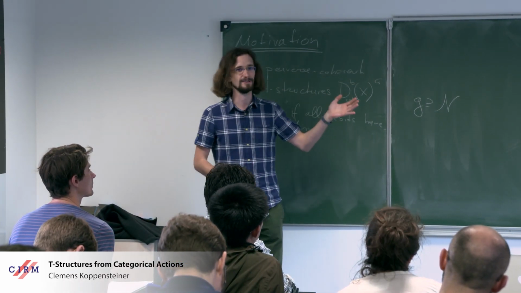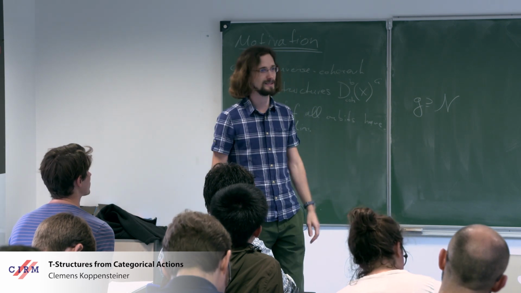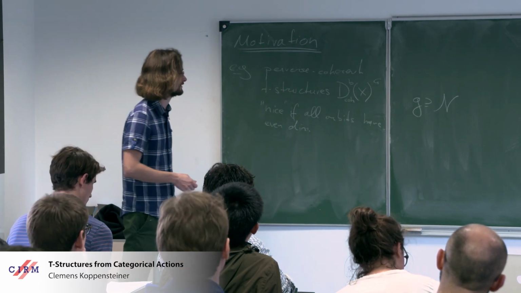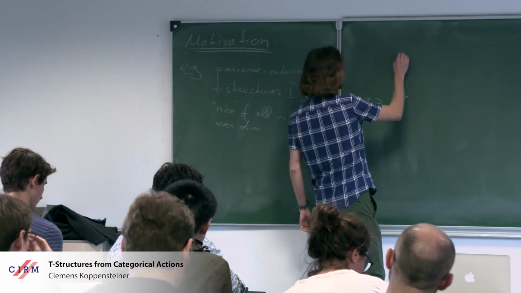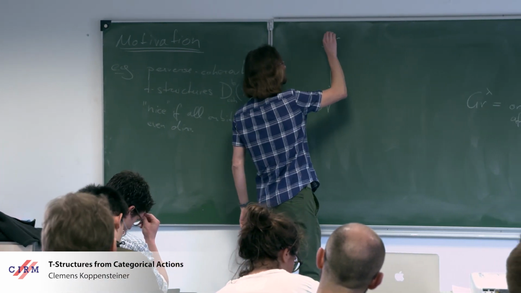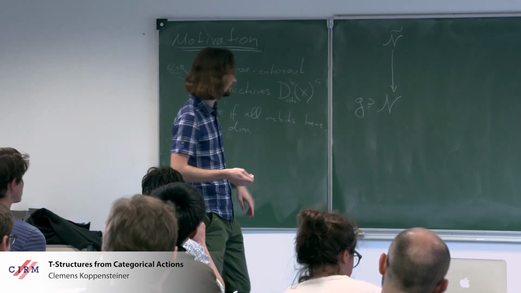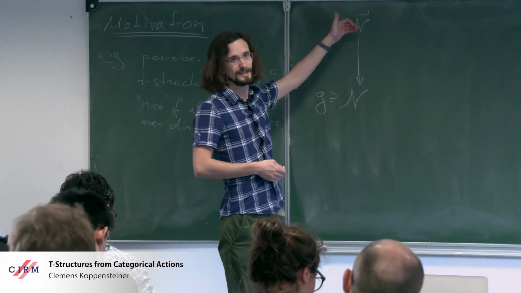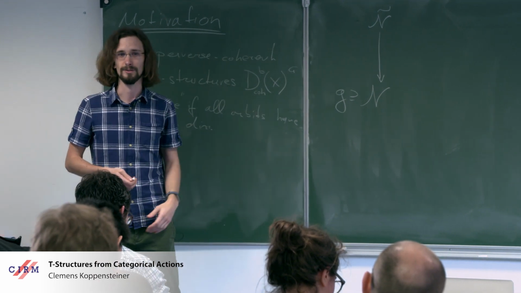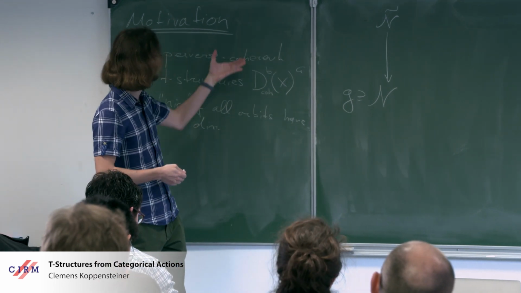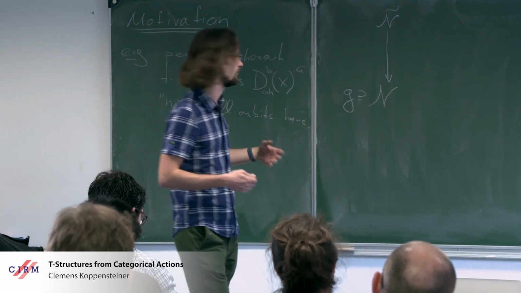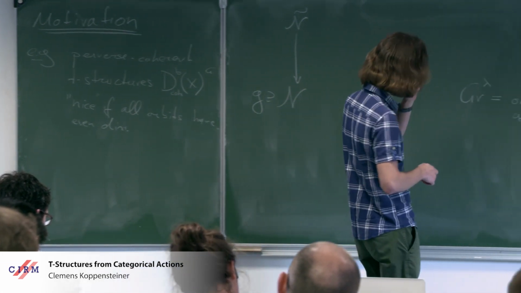But of course these spaces don't live in a vacuum. There are other spaces closely associated to them. For example, for the nilpotent cone, we all know and love the Springer resolution. On the Springer resolution, you suddenly don't have all even-dimensional orbits anymore, so you don't expect to get a nice t-structure just from perverse coherent sheaves.